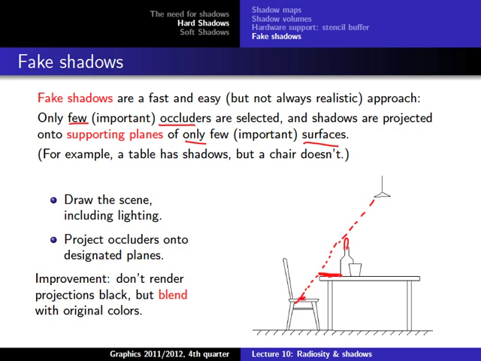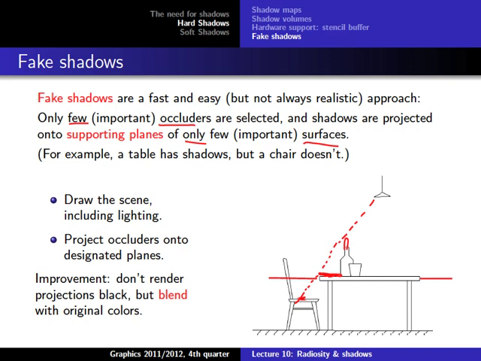If that shadow is missing, a lot of people will not realize it, but if they look at the table, they'll see there is a huge shadow missing there. So this is more important, which is why we just model for the table and not for the chair. And the third simplification is that we're projecting not onto a complex object, but onto a supporting plane, that is the plane defined by that object, which in the case of the table is the plane defined by its surface.